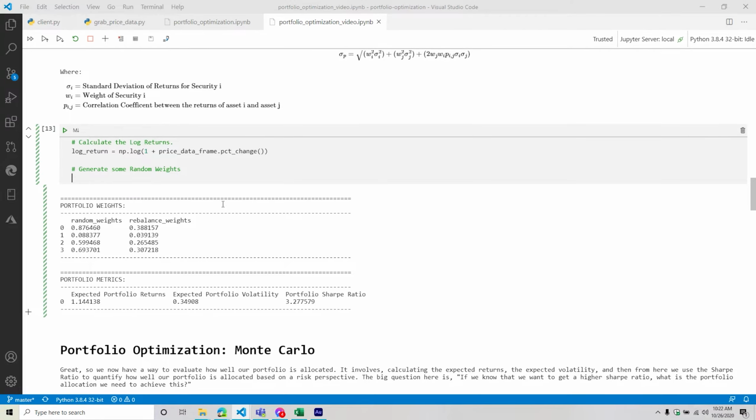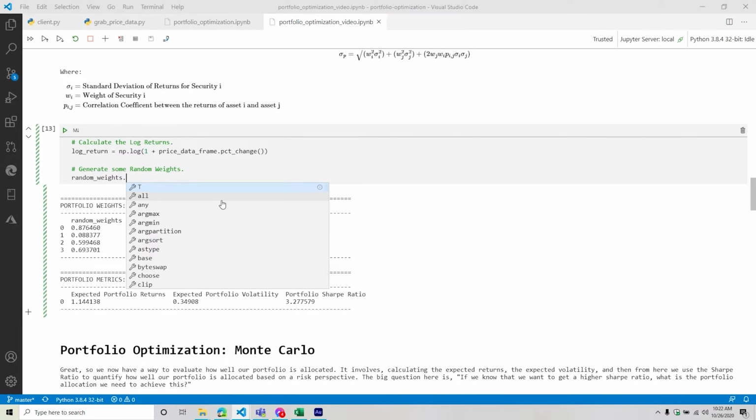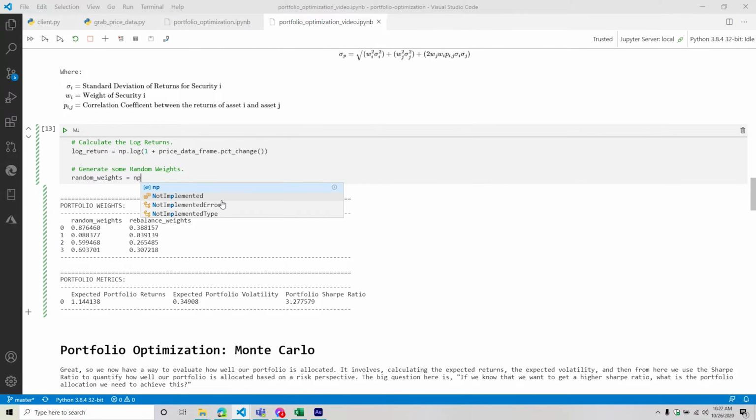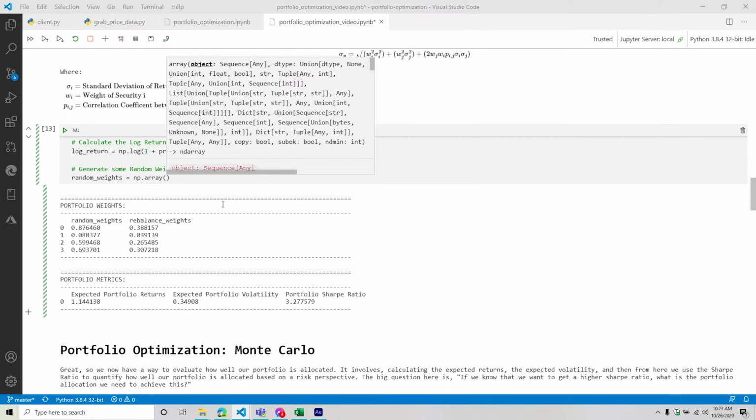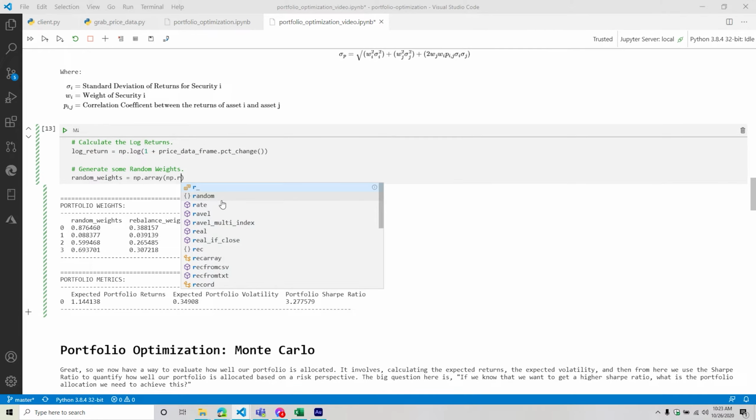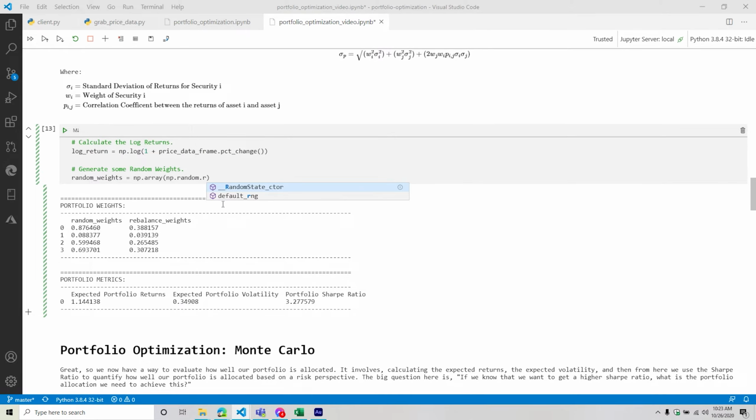And it's going to be very important that we notice something about these random weights to begin with. So I'm going to do random weights equals numpy array. And then it's going to be numpy random dot, is that the one? I hope that's the one. Random dot random.